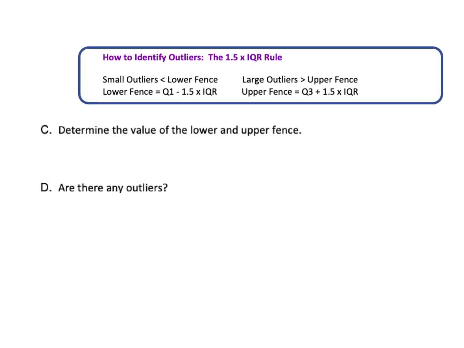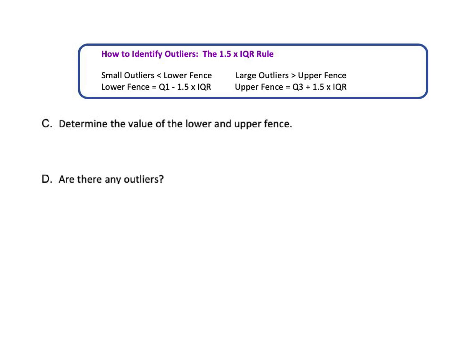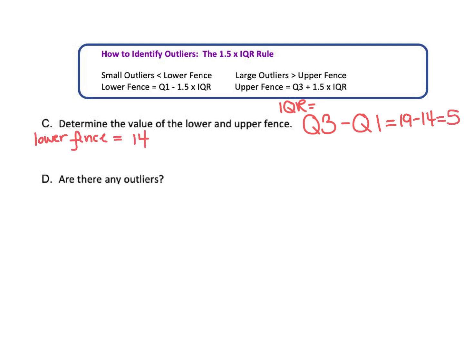All right? So for our particular problem, we need to find our IQR, which was 19 minus 14, or 5 was the value of our IQR. So our lower fence would be found by taking 14, which is quartile 1, minus 1.5 times the IQR, which we just saw was 5. So that's going to be 14 minus 7.5, excuse me, which would be 6.5.